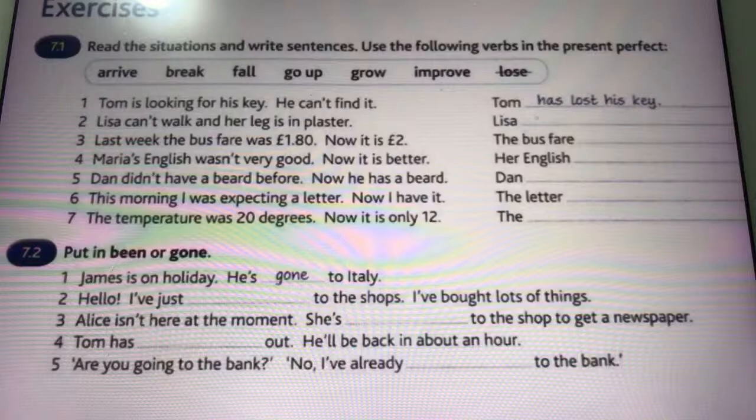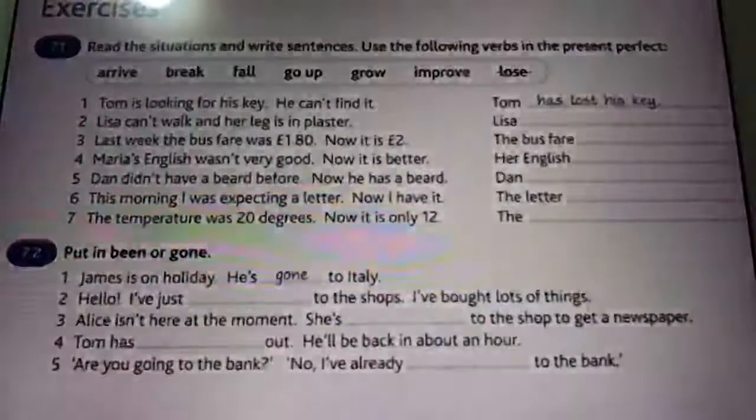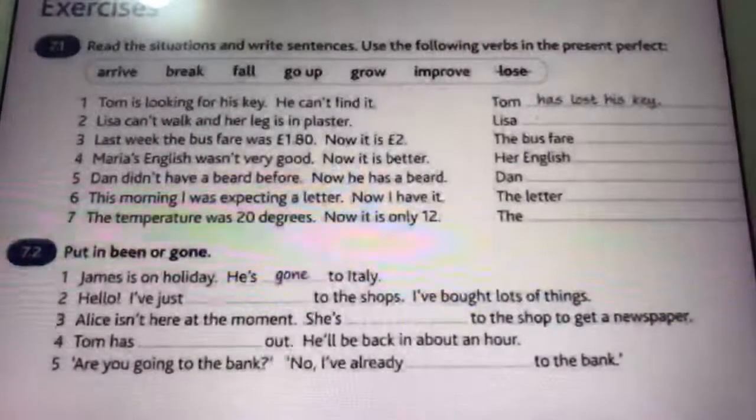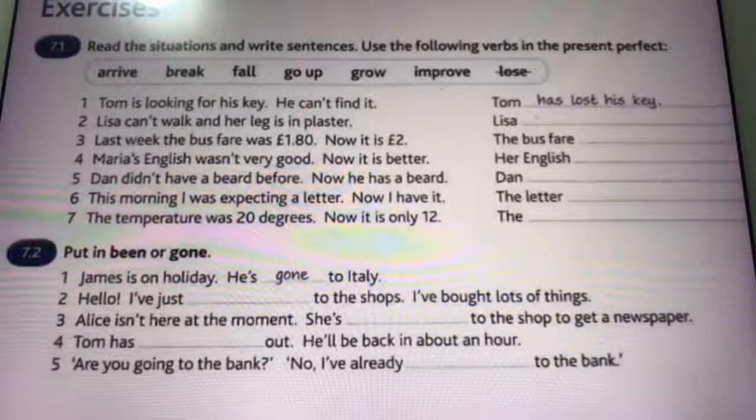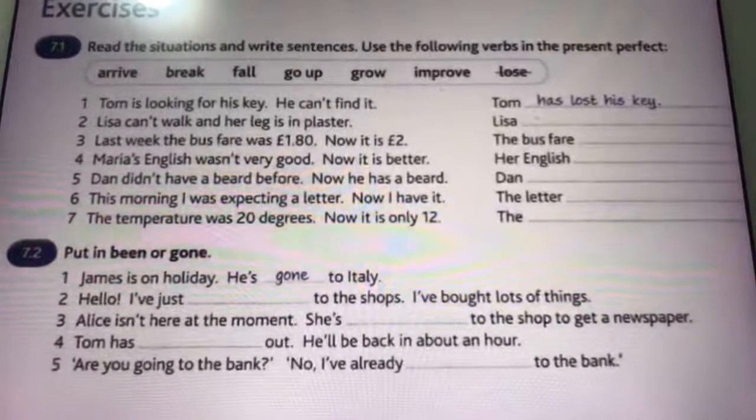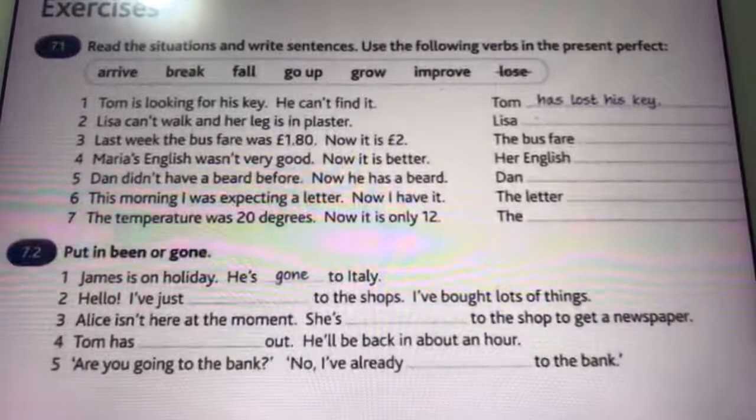So there. Now look at number 4. Maria's English wasn't very good. Now it is better. Her English, okay, has improved.